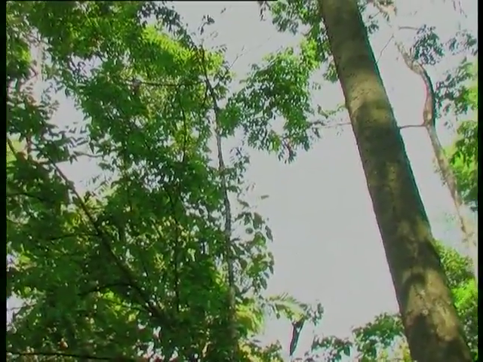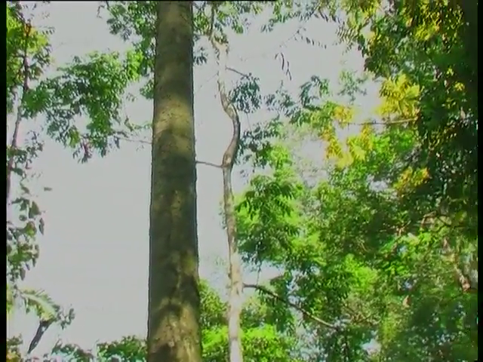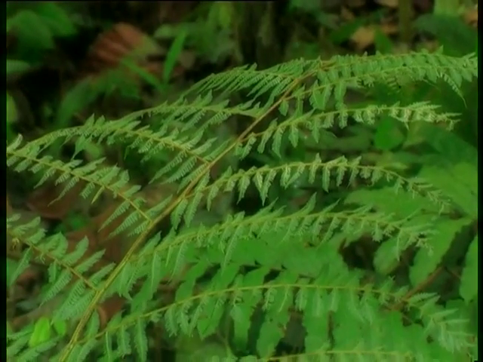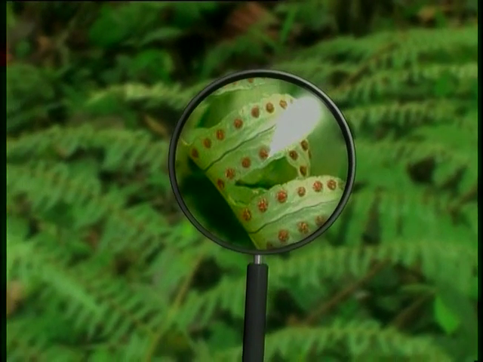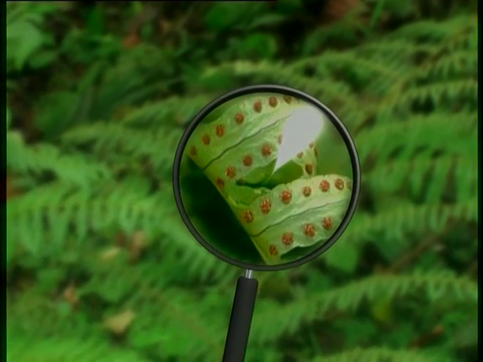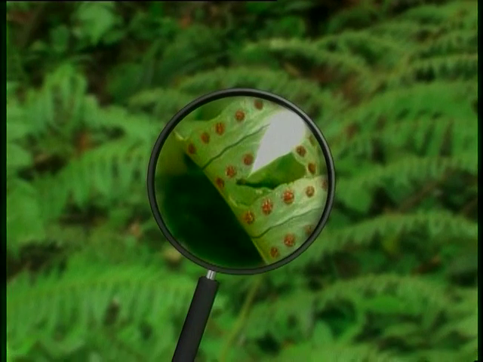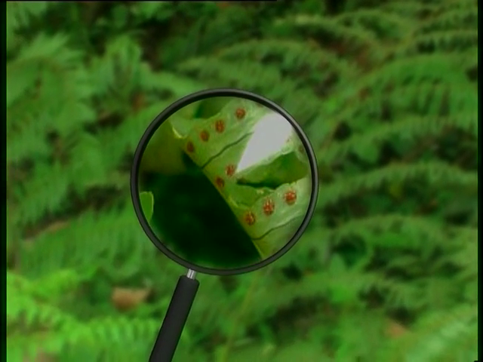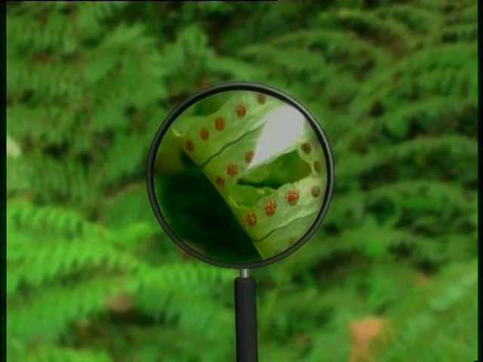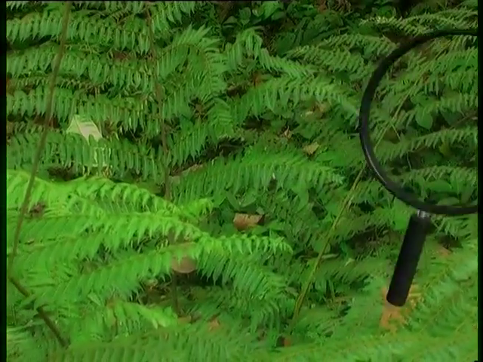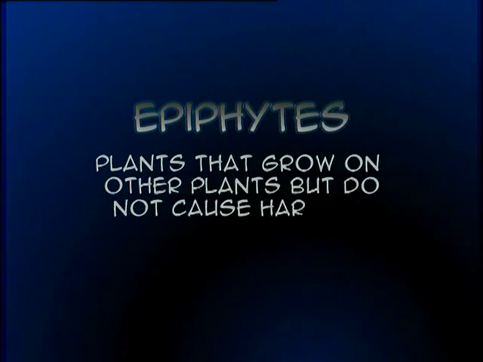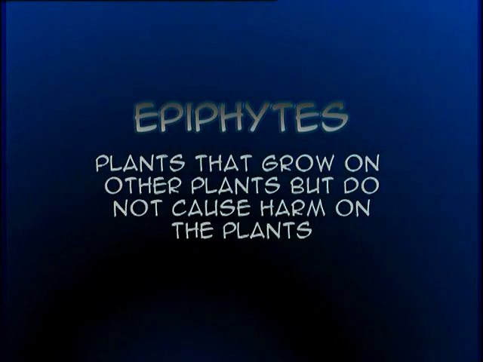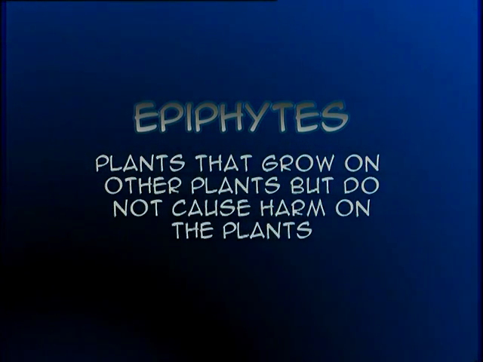They especially flourish in tropical forests. Ferns have true leaves, stems, and roots. Ferns reproduce from spores. Clusters of spore bags can be seen at the back of a mature fern. They are epiphytes, plants that grow on other plants but do not cause harm to the plants.